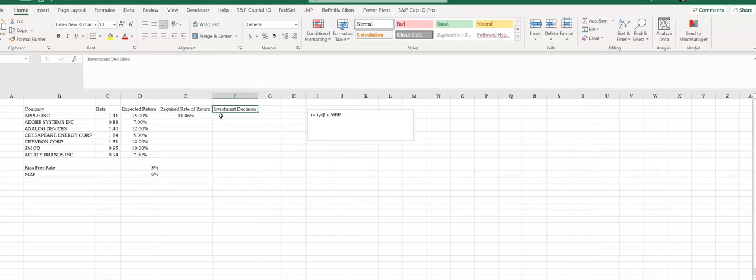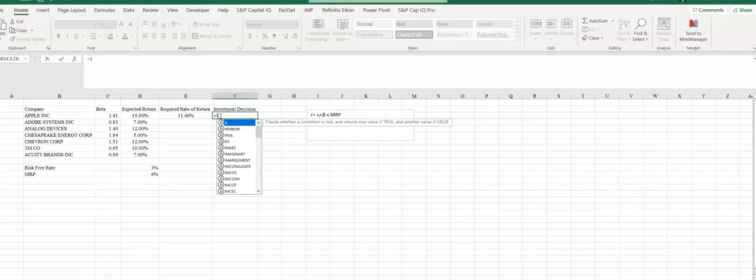I'm going to show you how to do this in here. We will say IF, this is an IF statement, so it is a function IF, open parentheses, and then we are going to conduct a logical test. Our logical test: if the expected return exceeds the required rate of return.